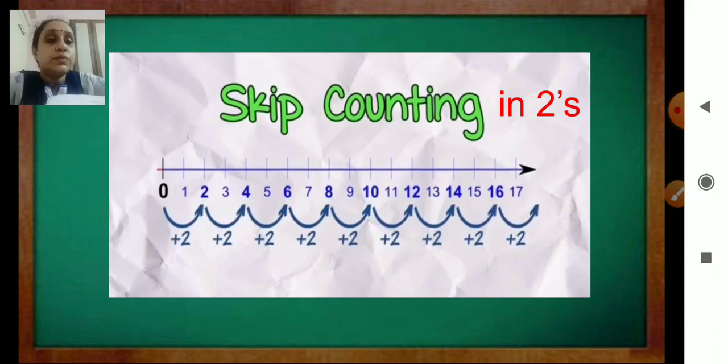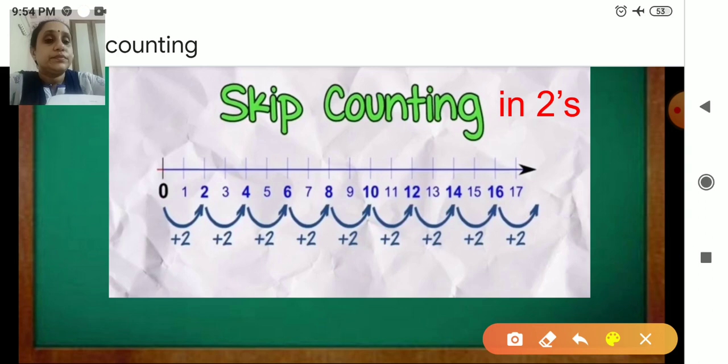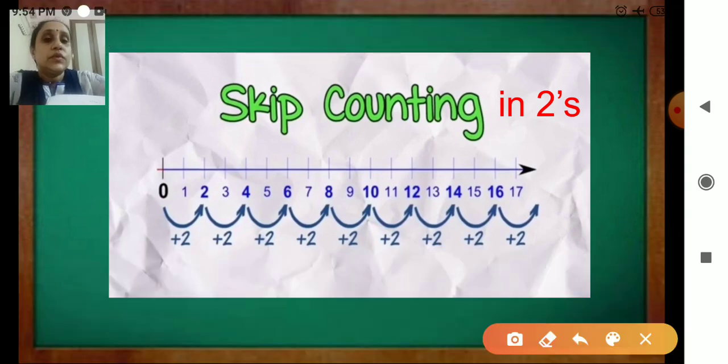From 0, look here, from 0 we are starting, 2, then 2, 4, 4 plus 2, 6, 6 plus 2, 8. Like this we are continuing with our skip counting in 2.